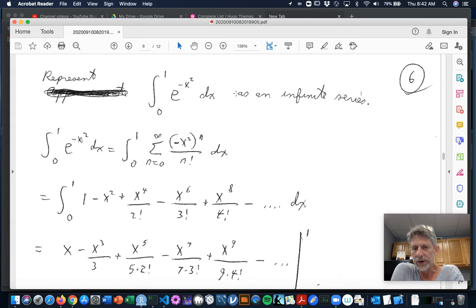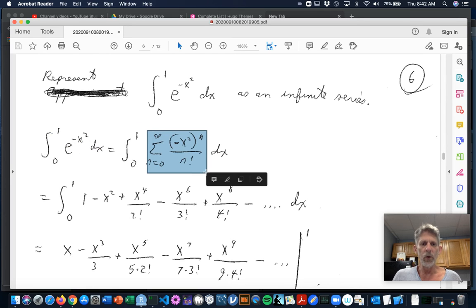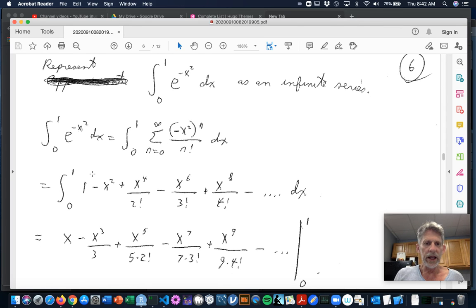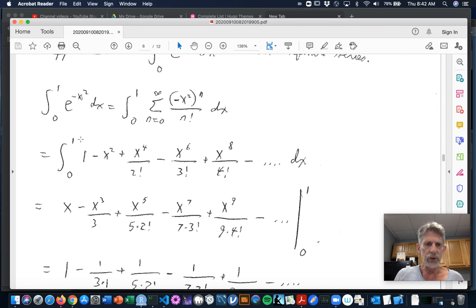But you can also use your infinite series knowledge. Take your integral and get a Maclaurin series for the integrand. So I plug in a minus x squared where I used to see an x in the Maclaurin series for e to the x. And probably the easiest thing to do from this point is to write out the first few terms. So I did that.